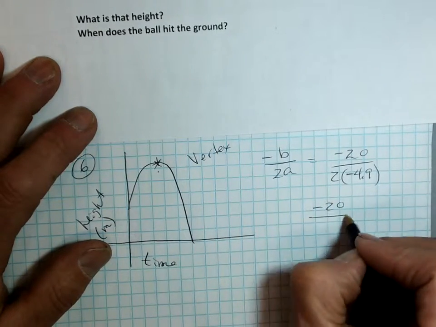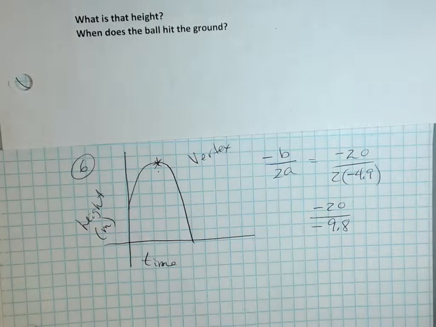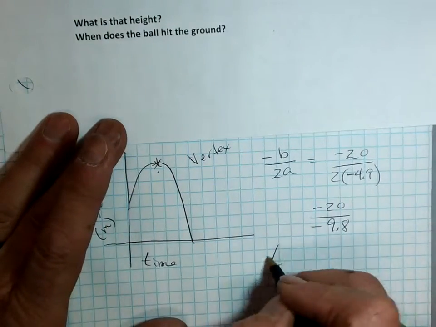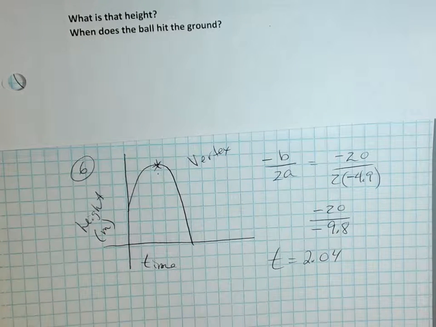Negative 20 over negative 9.8. Calculator time, definitely. So 20 divided by 9.8 is about 2.04. T equals 2.04.